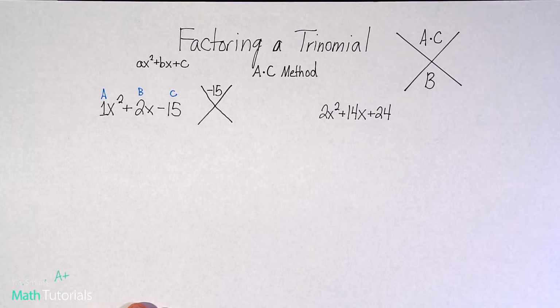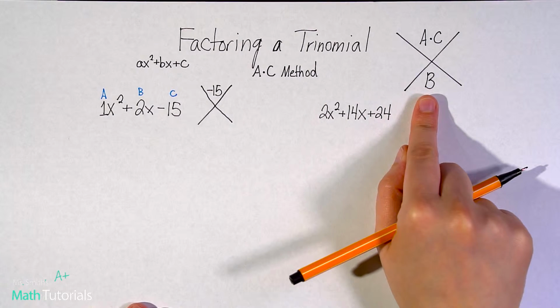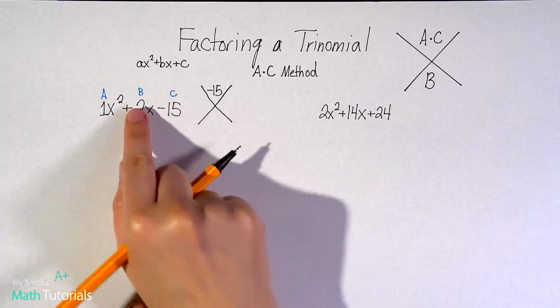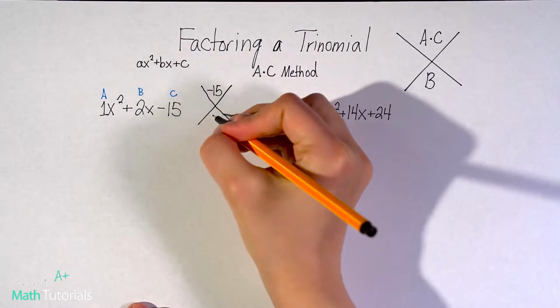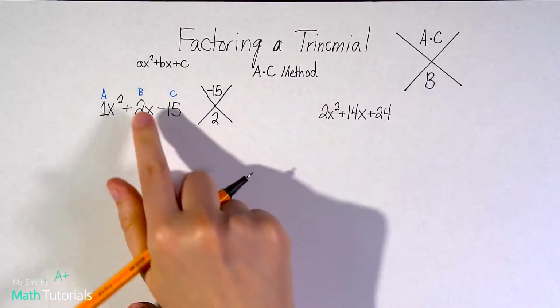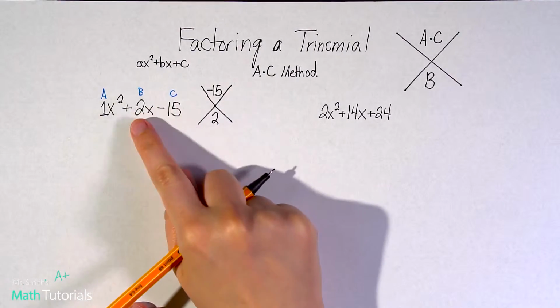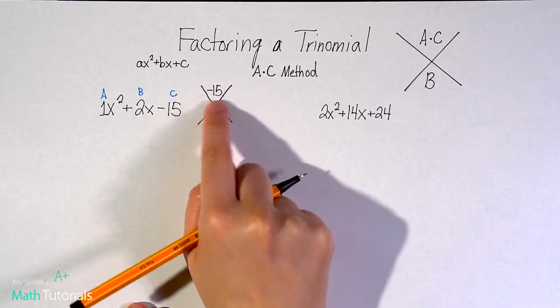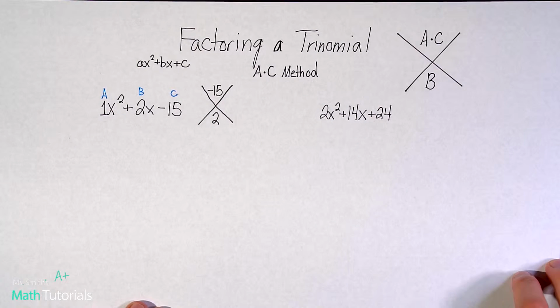Put that up top. Now in the bottom V, you just put your B value. So my B value is positive 2. The sign is very important. Make sure if it's negative, you write negative. If it's positive, you write positive. Same thing up top. Signs are very important.